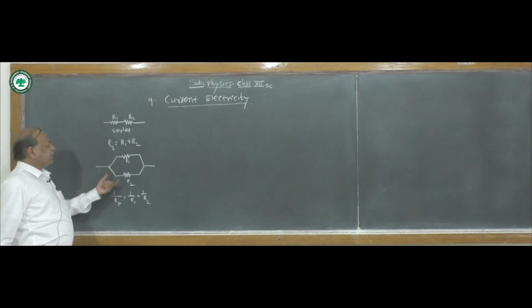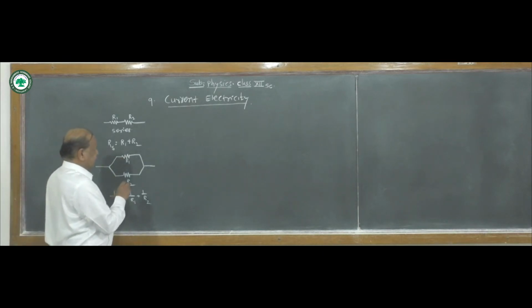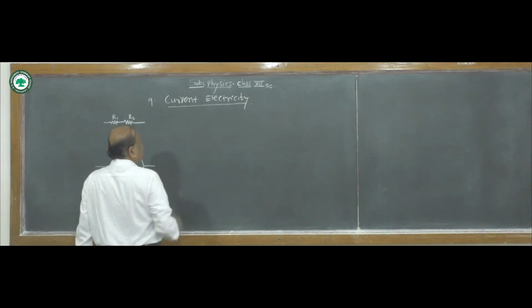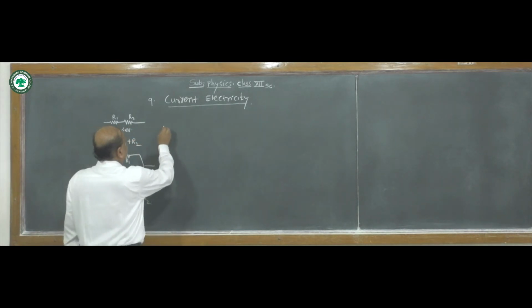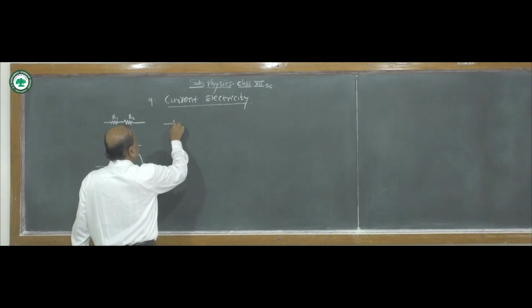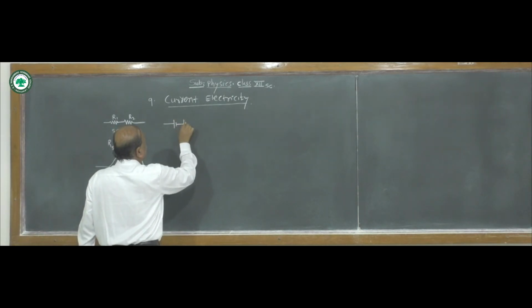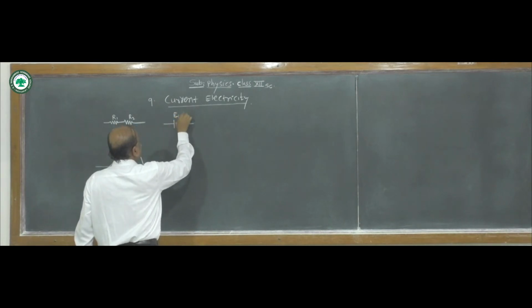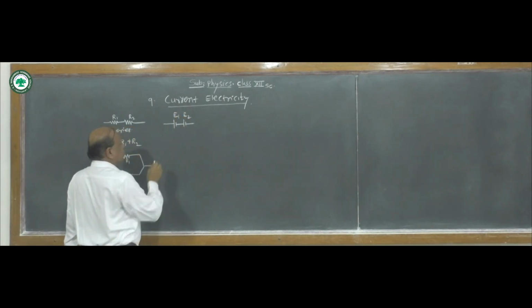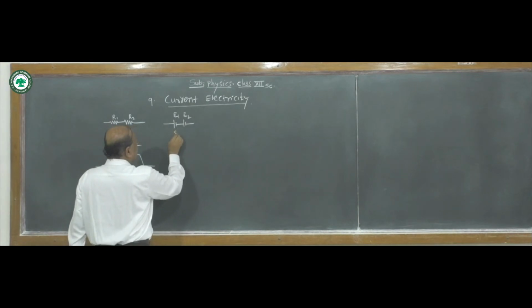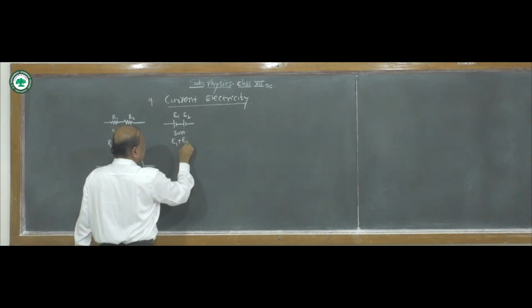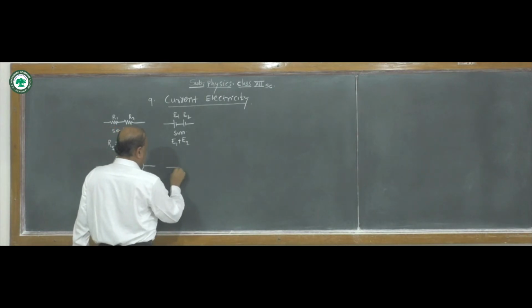When these resistors are connected in parallel combination, the effective resistance decreases. Also you know that when sources of EMF, like E1 and E2, are connected in some method, then their EMF is E1 plus E2, or they may be connected in a difference method.